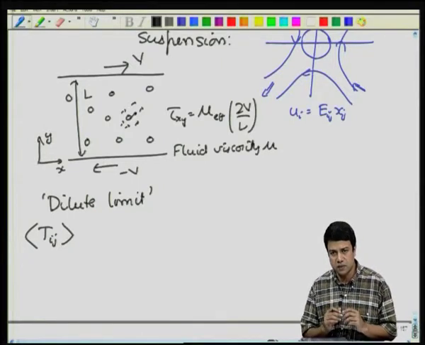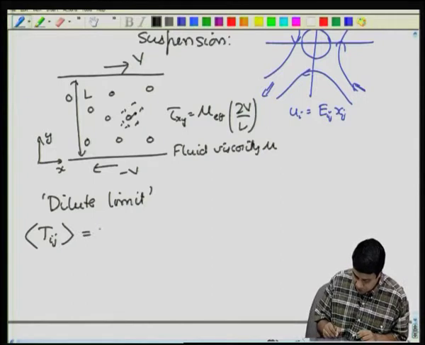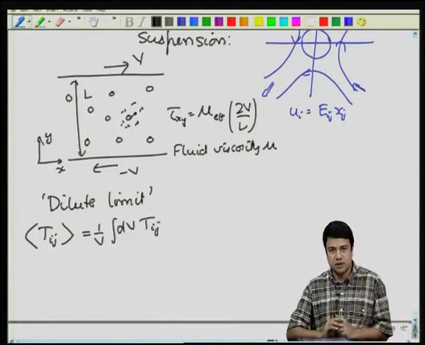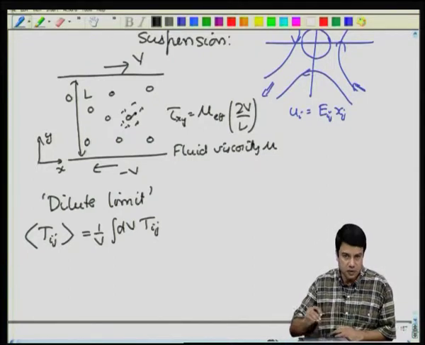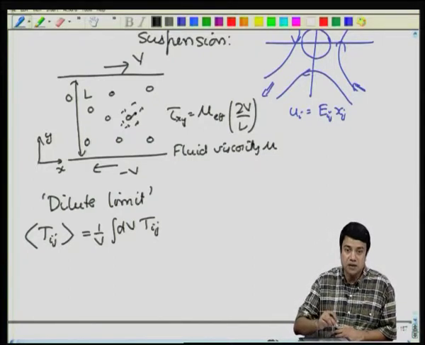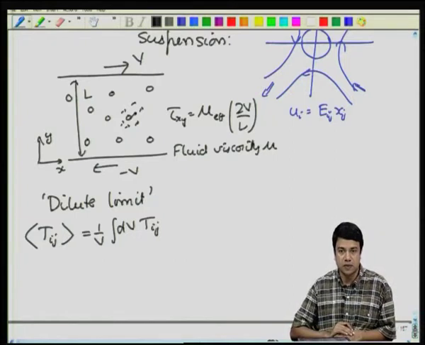The most convenient way is to take that as a volume integral of the total stress. The average stress is the volume integral over the entire domain of the local stress at each point within that domain. So, that is the total stress.